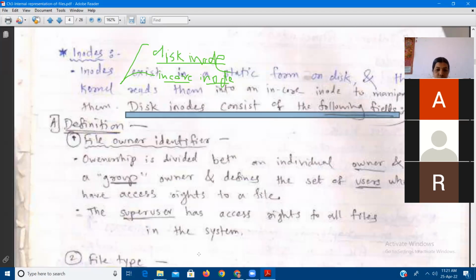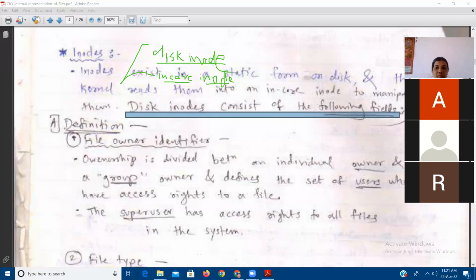Okay, so write down all the fields whichever we discussed. Once again I will repeat, we are discussing about the disk inode fields. We are discussing about only disk inode.